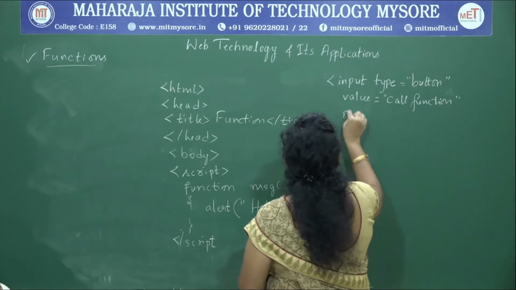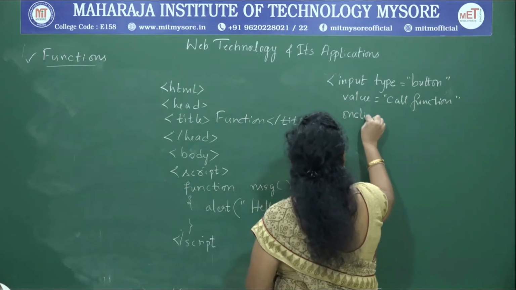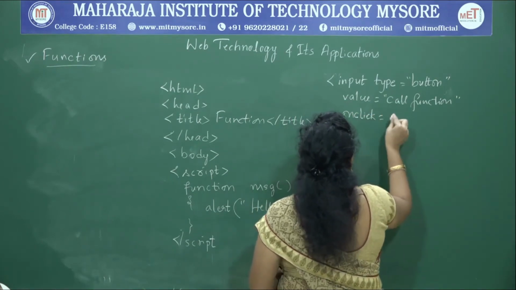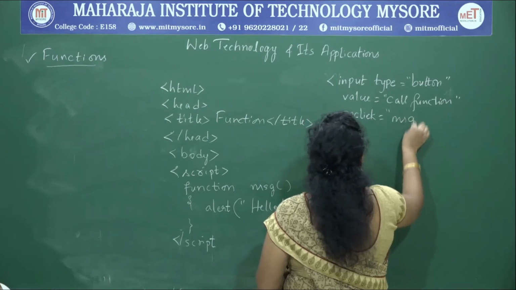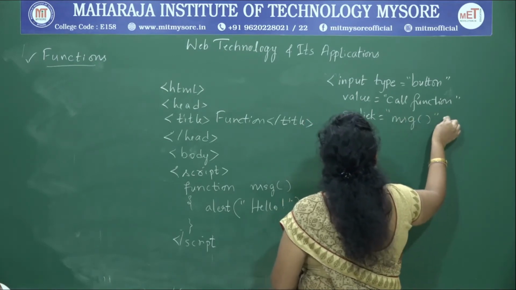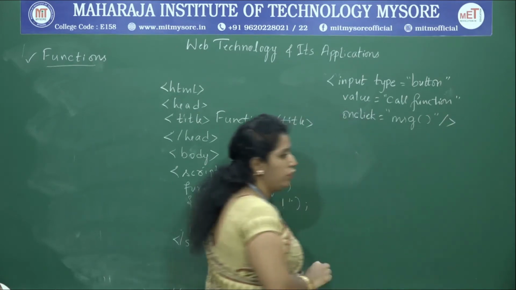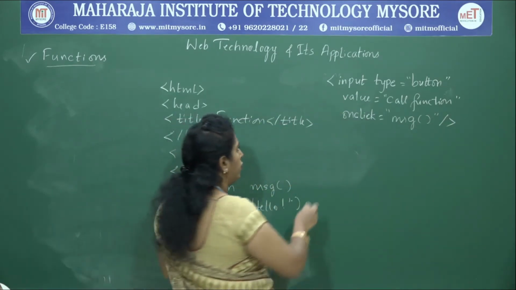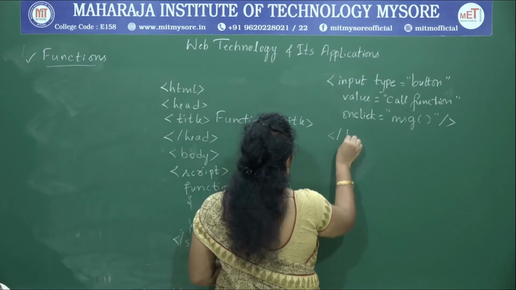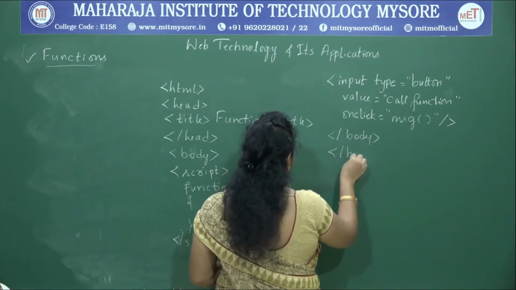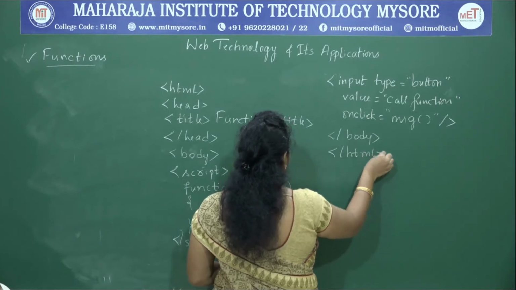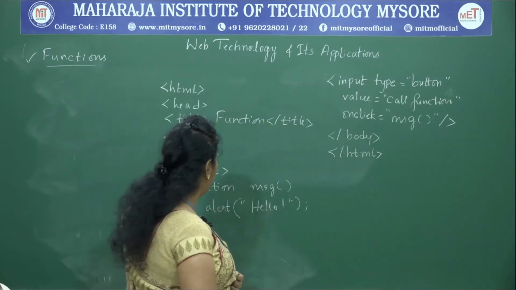Then when you click on it, on click operation, what do you want to do? That should call the function message. Is it right? So this is how you can write an input type, then close the body, also close the HTML.